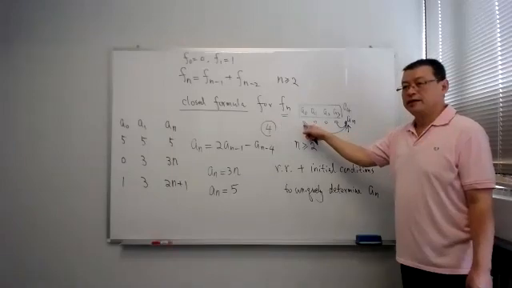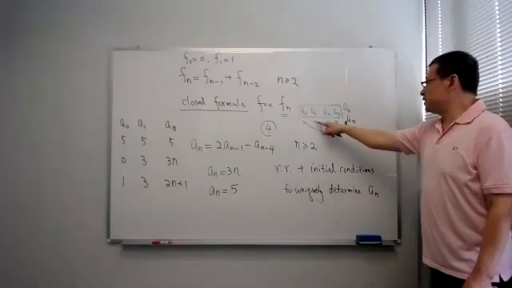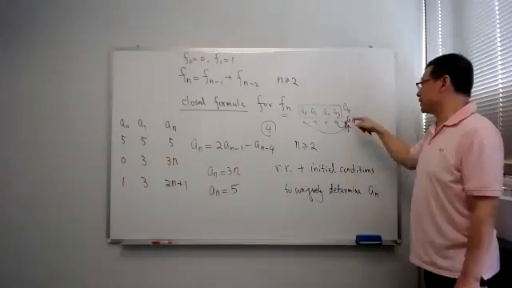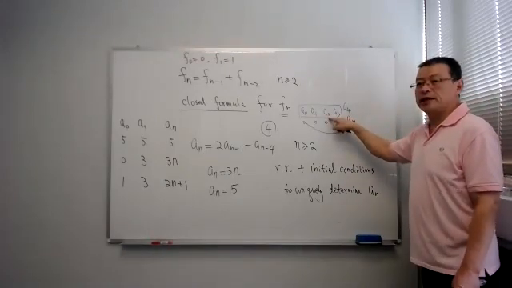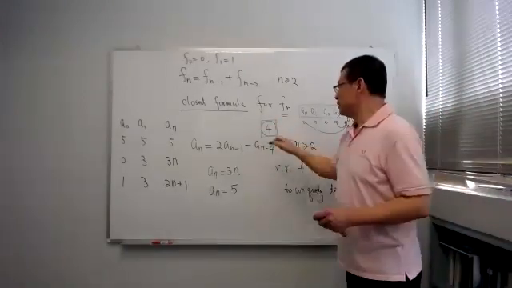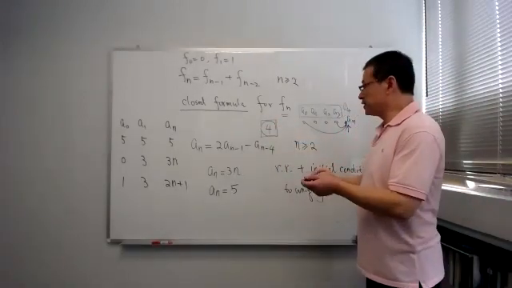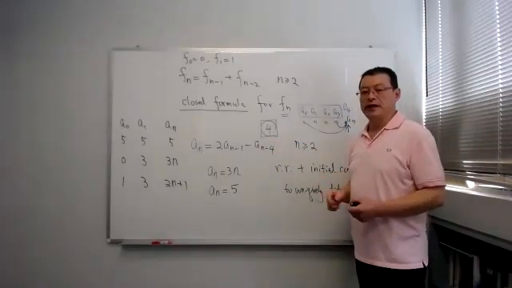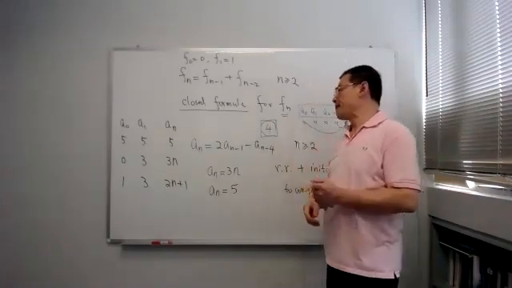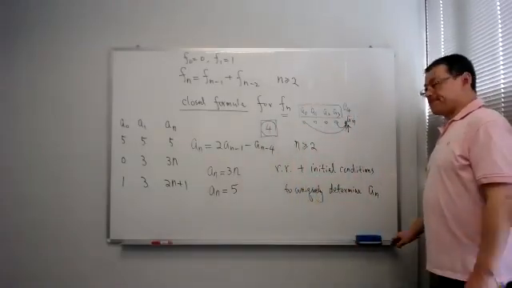It starts here. In computing A4, A0 and A1 are not needed, but when I compute A5, A1 will be needed. Compute A6, A2 will be needed. So be careful with the number of initial conditions. The number of terms we need depends on how many previous terms are needed by the recurrence.